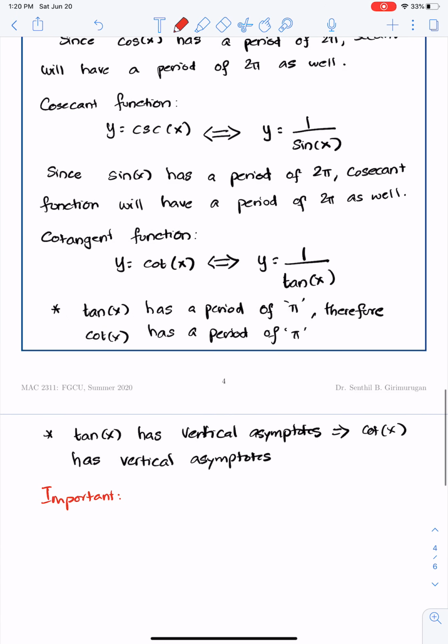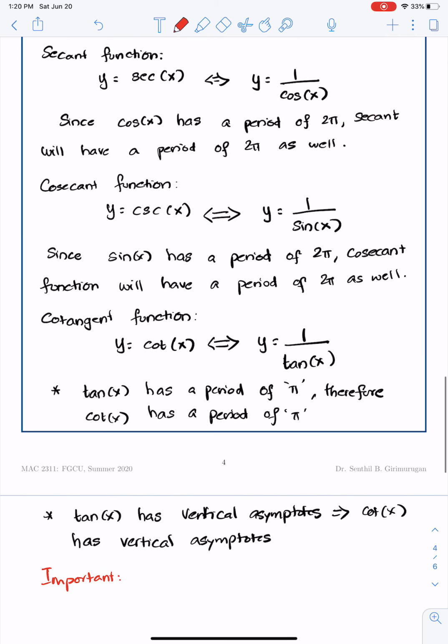And here I stated that, okay, the tangent function has vertical asymptotes, so the cotangent has vertical asymptotes. But we can't make the same conclusion with cosecant and secant functions. Just because I said that the cosine function doesn't have vertical asymptotes, it doesn't imply that the secant function will not have vertical asymptotes. Why is that so?